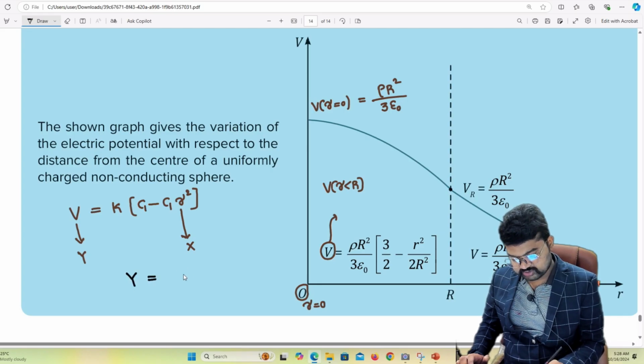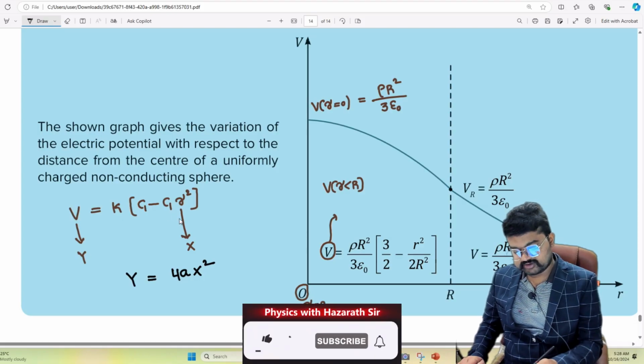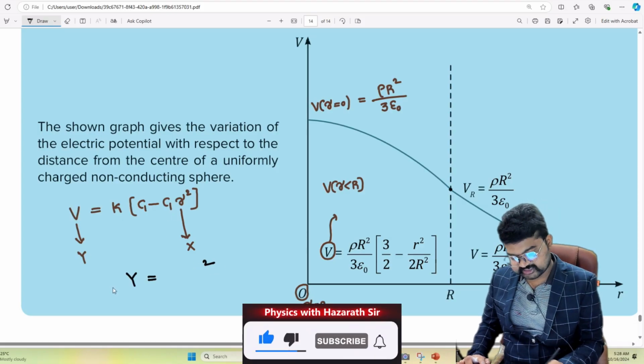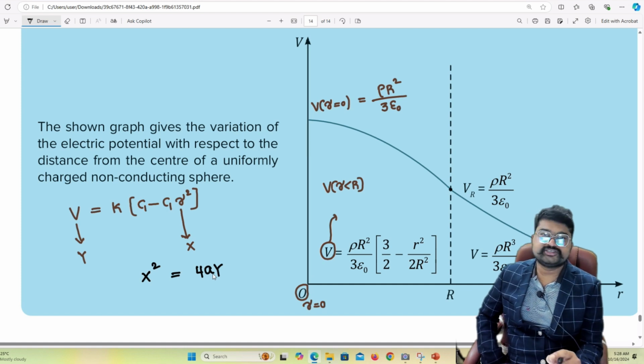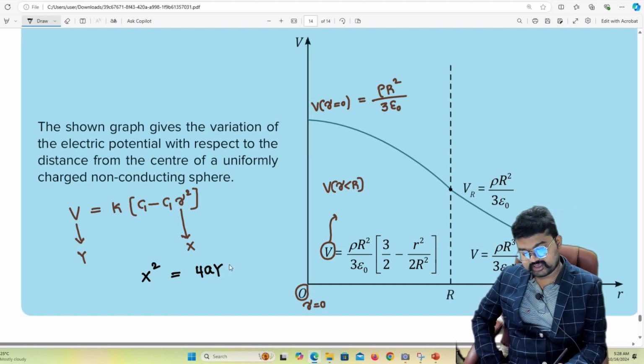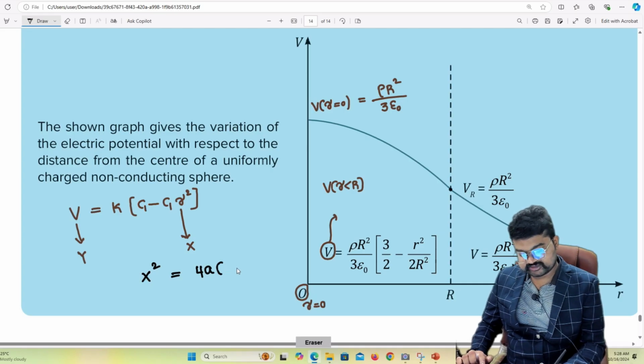y equal to some constant, like 4a times x square. Generally, if you take that constant to the left hand side, x square equal to 4ay kind of stuff, the pole will be shifted, like 4a times y minus k.